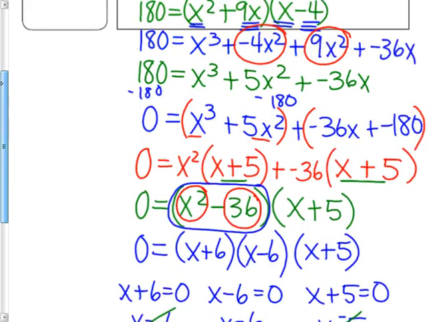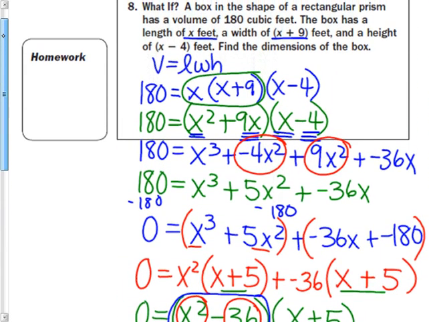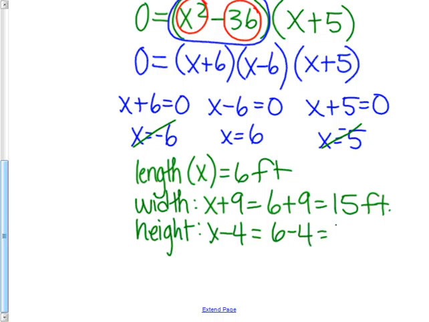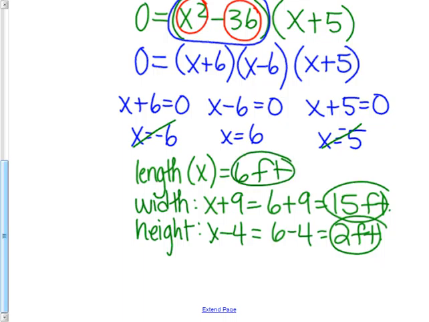My height was x minus 4. So we're doing 6 minus 4, so 2 feet for the height. So we have all our dimensions, and we have finished checkpoint number 8.